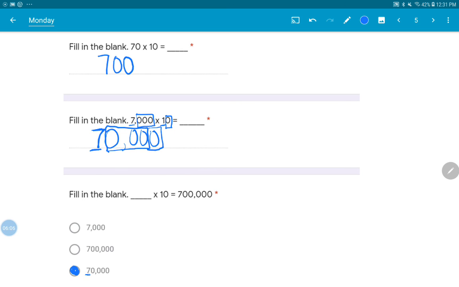Because 7 times 1 equals 7. There's 1, 2, 3, 4 zeros. Plus one more 0 makes 5. So if I look at my product, or the answer, I have 1, 2, 3, 4, 5 zeros. So we know that Tatum's correct. Good job.